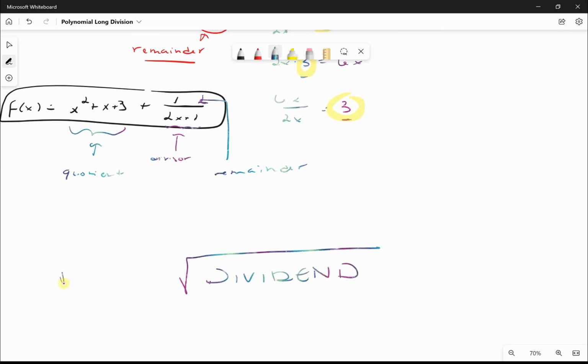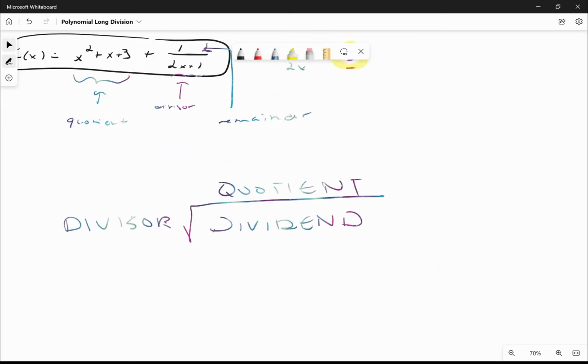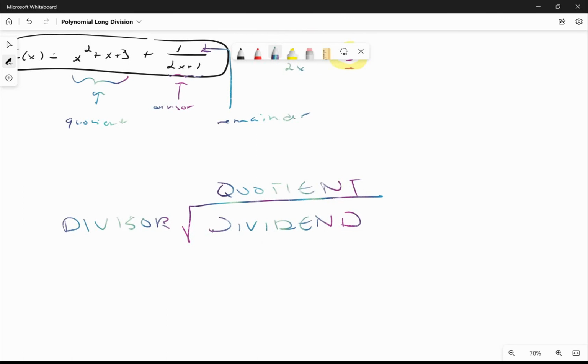This is the divisor. This is the quotient. And when we do our computation here, we eventually get to this remainder.